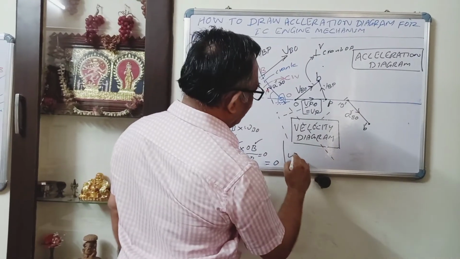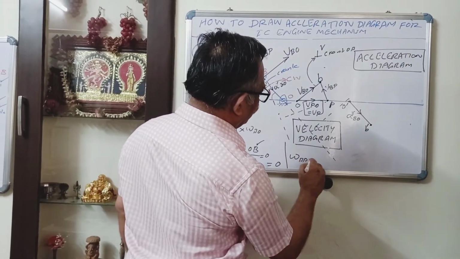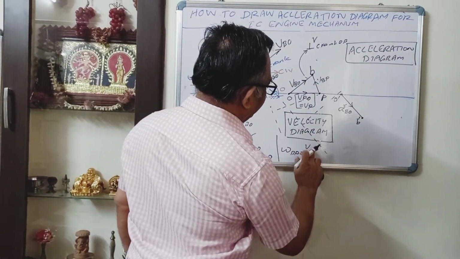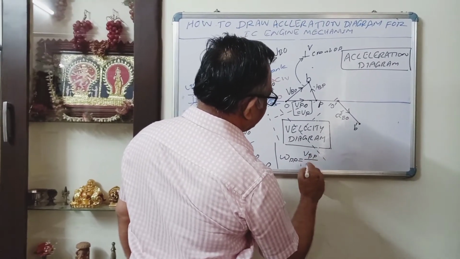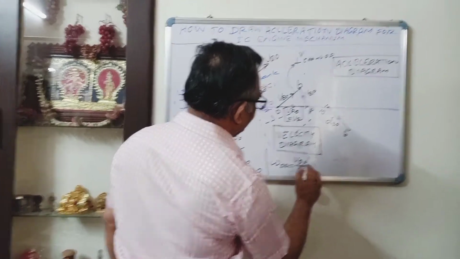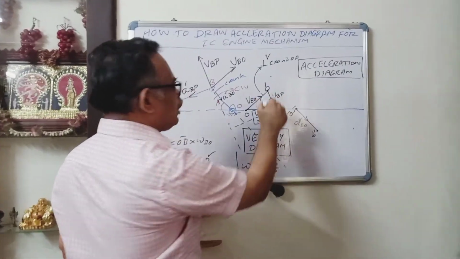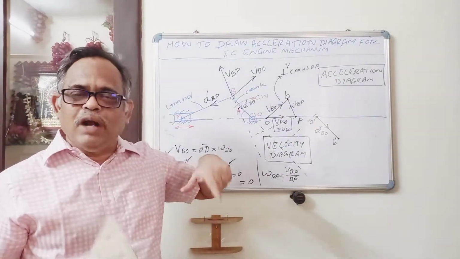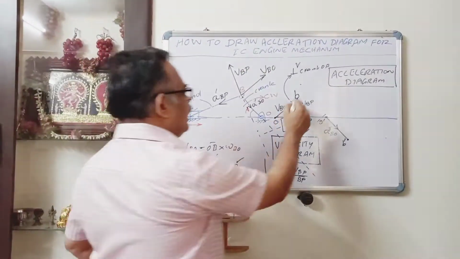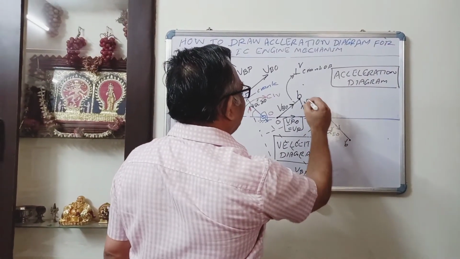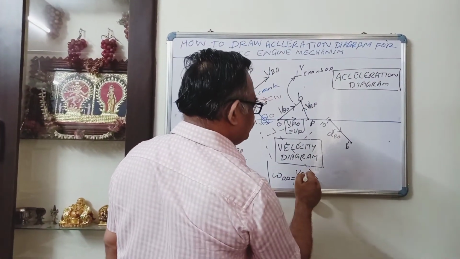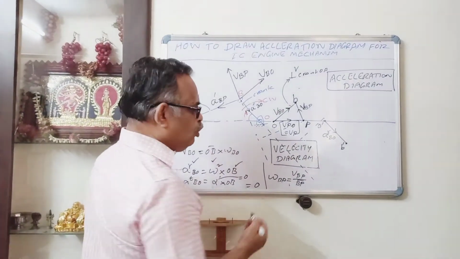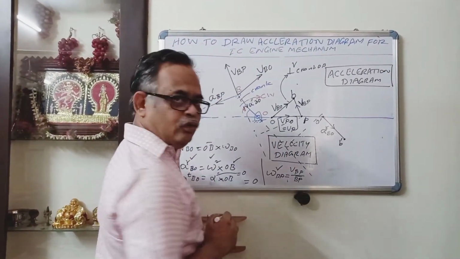Omega of BP is equal to velocity of BP divided by length BP, right? Velocity of BP you can measure here and multiply by the scale to get the actual value of the velocity of B with respect to P, and you substitute that here. Length BP is already given, the length of the connecting rod is known, so this value is known, right?